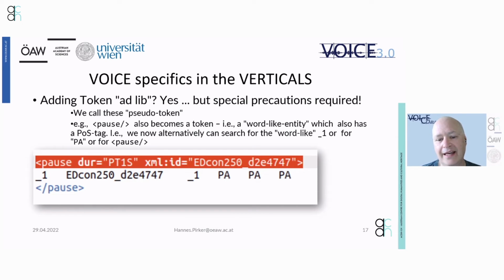And so we add, in addition to the original pause, a token with _1 for encoding a pause with a duration of 1 second. We call this kind of token pseudo token. So it's an extra addition.